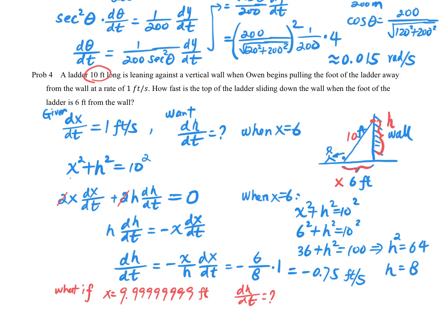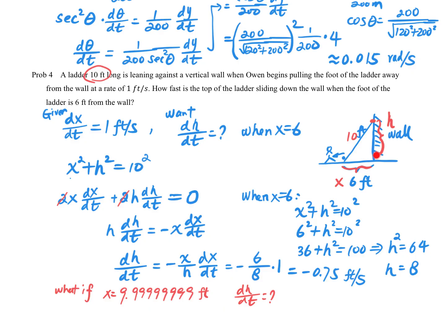Okay, and in fact you'll find out that this dh/dt is huge, which means it's sliding down very fast, even faster than the speed of light. Would that be possible in your personal experience?